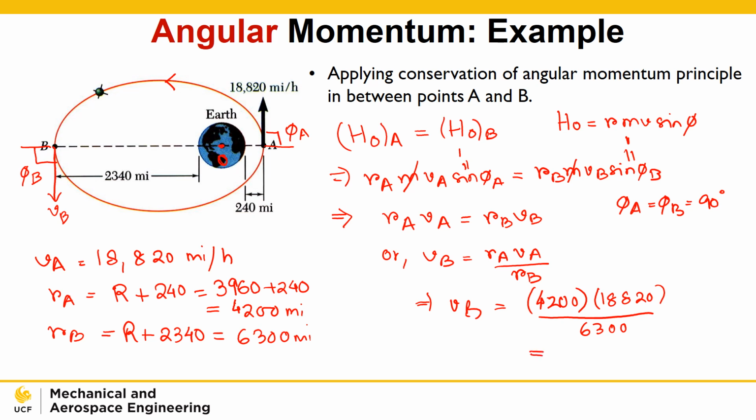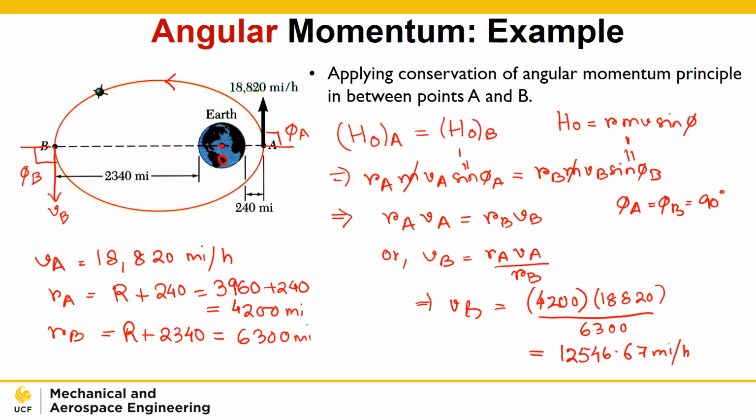And the answer is 12,546.67 miles per hour. Therefore, when the satellite reaches point B, its velocity is 12,546.67 miles per hour.